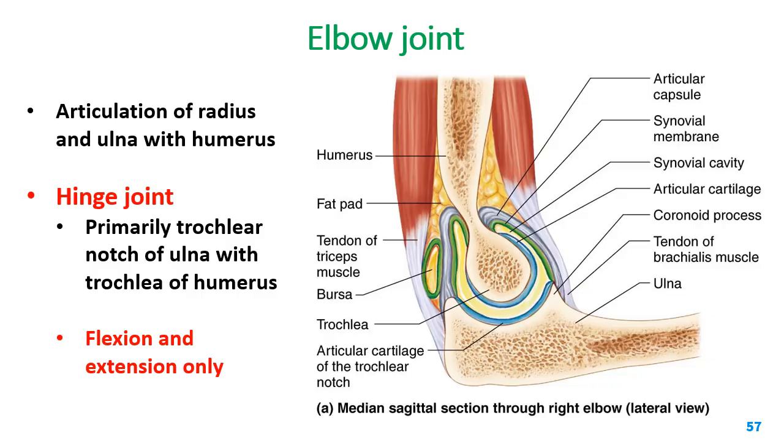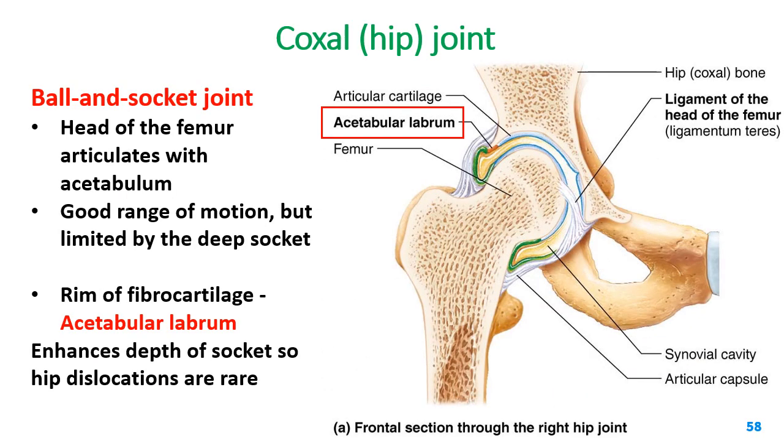All right, so another example here is your elbow joint. Remember, that's a hinge type of joint. You can do flexion and extension, a simple type of movement. When you compare that with your hip joint, remember that is also a ball and socket, but this socket is quite deep.